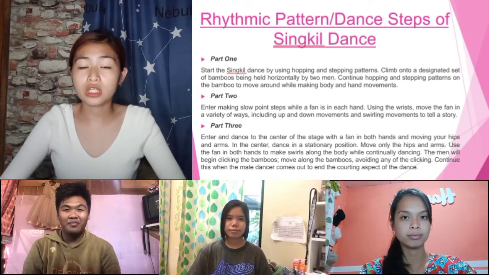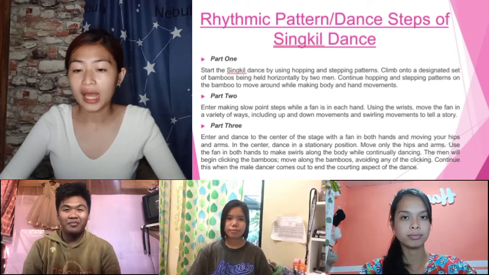Now let's proceed to the rhythmic pattern and dance steps of Singkil dance. Part 1. Start the Singkil dance by using a hopping and stepping pattern. Climb onto a designated set of bamboos being held horizontally by two men. Continue the hopping and stepping pattern on the bamboo to move around while making body and hand movements.